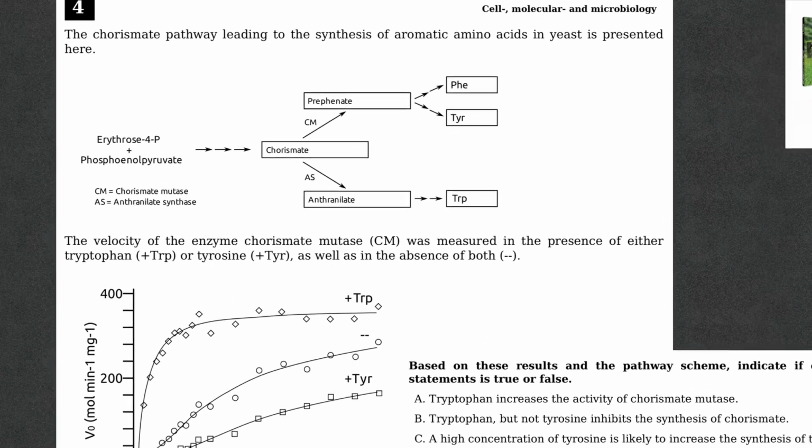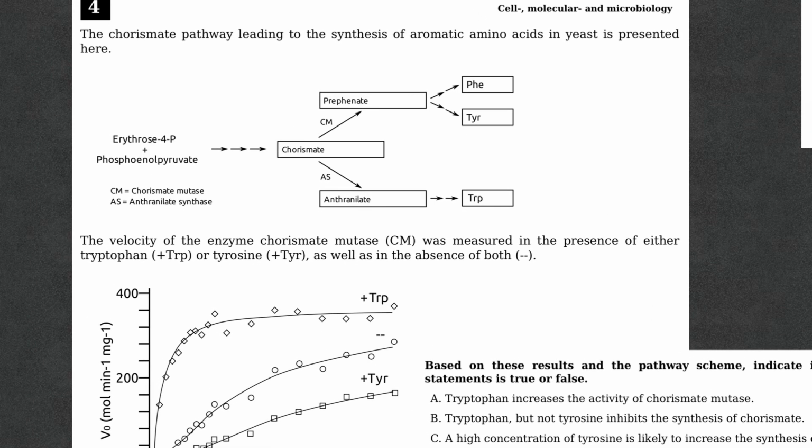Now, how does this work? So two substrates we have, erythrose 4-phosphate and phosphoenol pyruvate. Okay, fine. By a bunch of reactions, they get converted to chorismate. Now, chorismate can be converted to prephenate by using an enzyme chorismate mutase. Chorismate could also be converted to anthranilate by using another enzyme, anthranilate synthase.